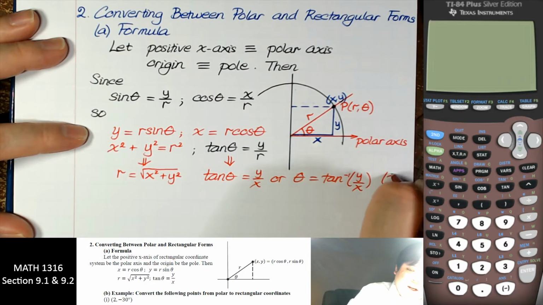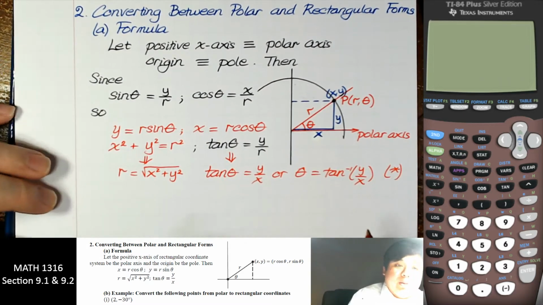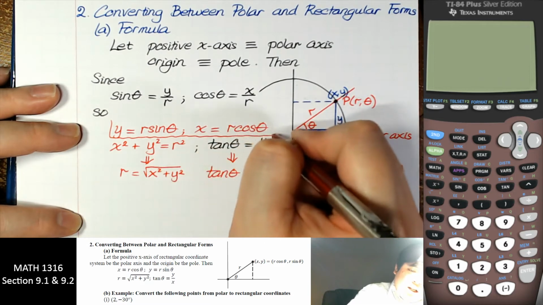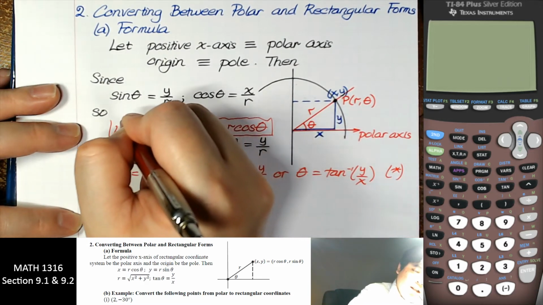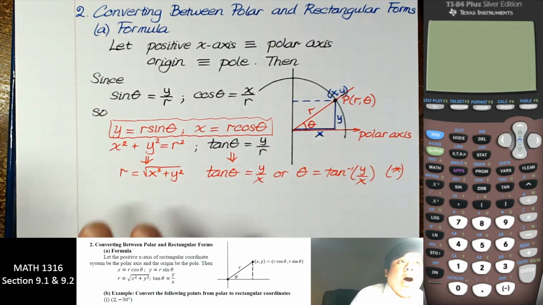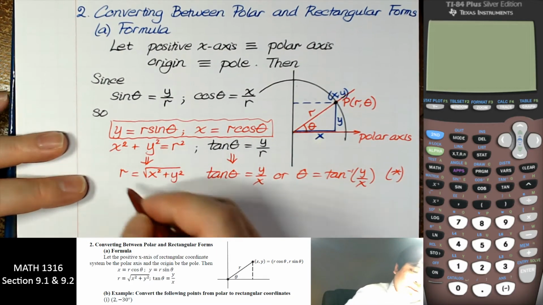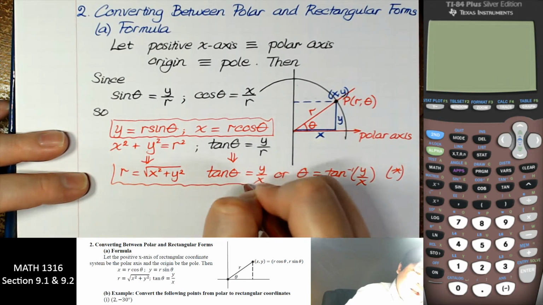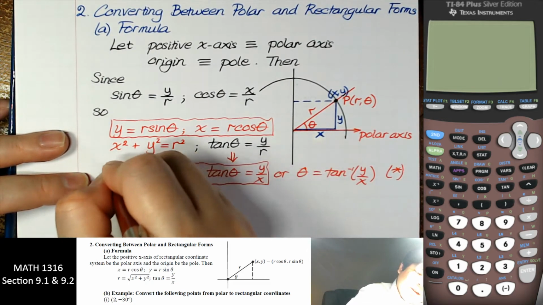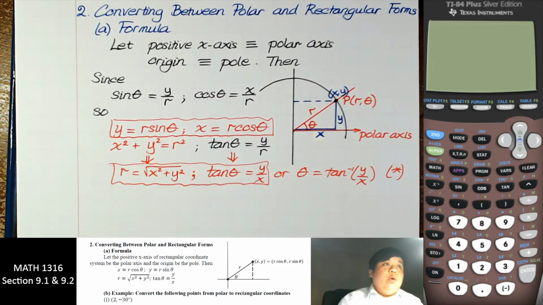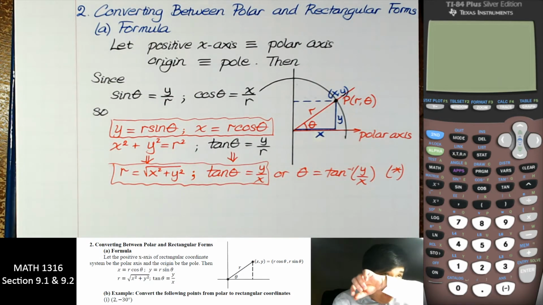I'm going to put the asterisk here because something we need to worry about. So bottom line is we have y equal to r sine theta and x equal to r cosine theta. Pythagorean theorem, r equals square root of x squared plus y squared, and then tangent theta is equal to y over x.